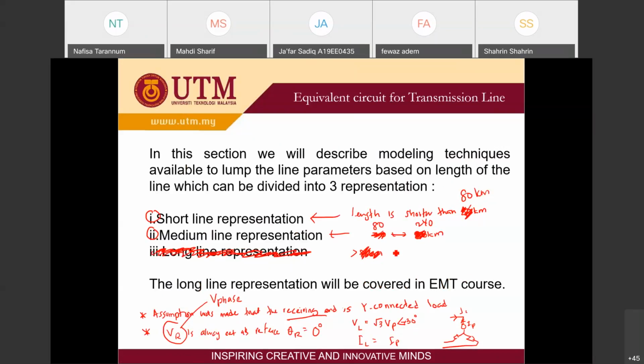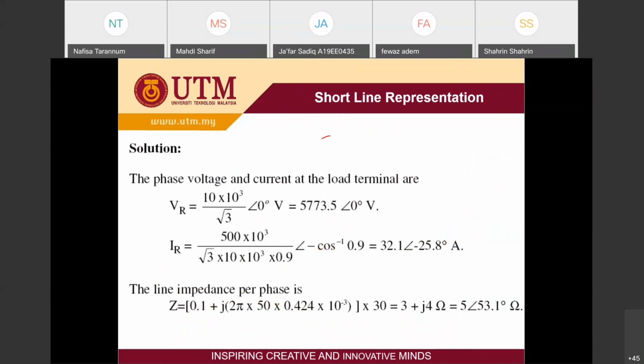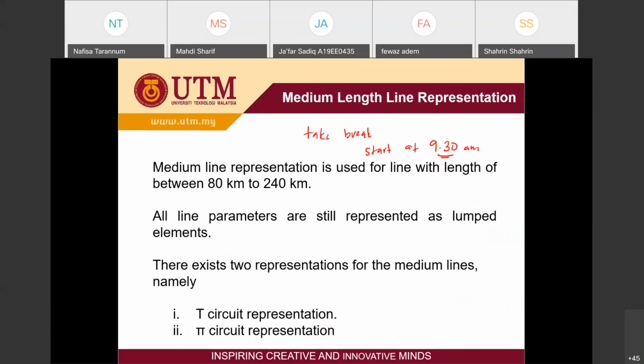The long line representation is higher than 240 kilometers. So please do the correction. So medium length is when the line length is around 80 to 240 kilometers.